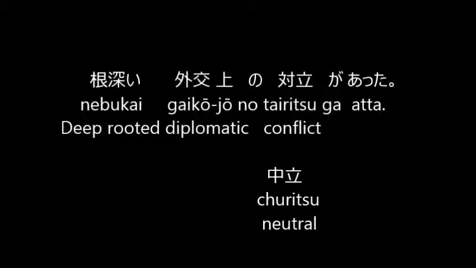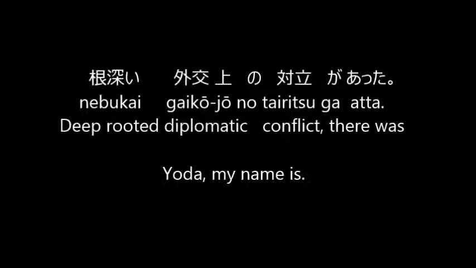Then there's Tairitsu. We've seen Ritsu in Churitsu, or a neutral stance. However, Tai means versus, or conflict, so Tairitsu means a conflicting stance. Gaikojo no Tairitsu means diplomatic conflict. Ga marks diplomatic conflict as the subject of the sentence.